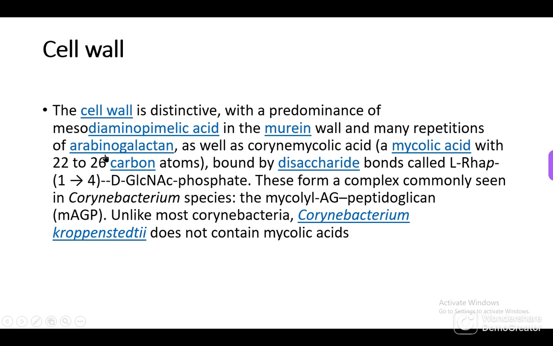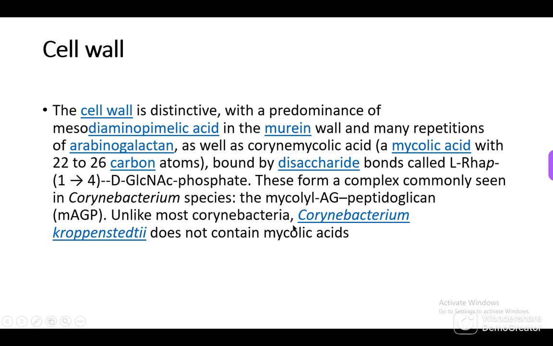They have the metachromatic granules, as I said already, and this causes the specific pathogenicity of this organism, causing diphtheria. These forms are complex, commonly seen in Corynebacterium species, with mycolic acid and peptidoglycan.